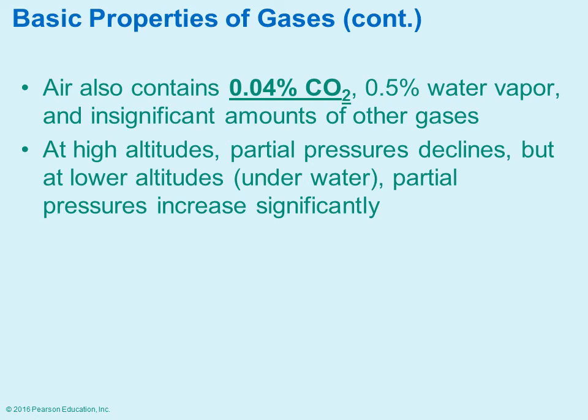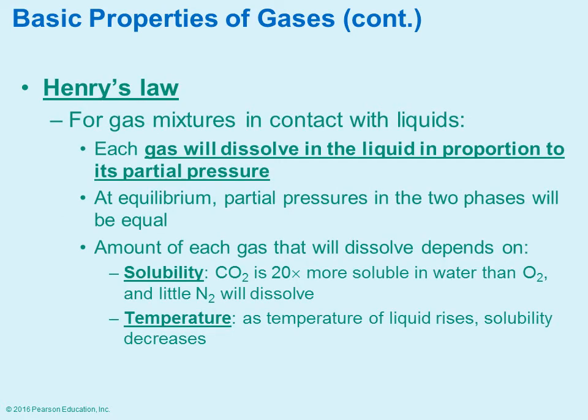So as you go up in altitude, if you're to travel up in the mountains, the partial pressure is going to decrease in the atmosphere. As you go lower, in other words, if you're a diver, you'd be very familiar with this, the partial pressure increases significantly. If you're a scuba diver, you know you have to account for that.